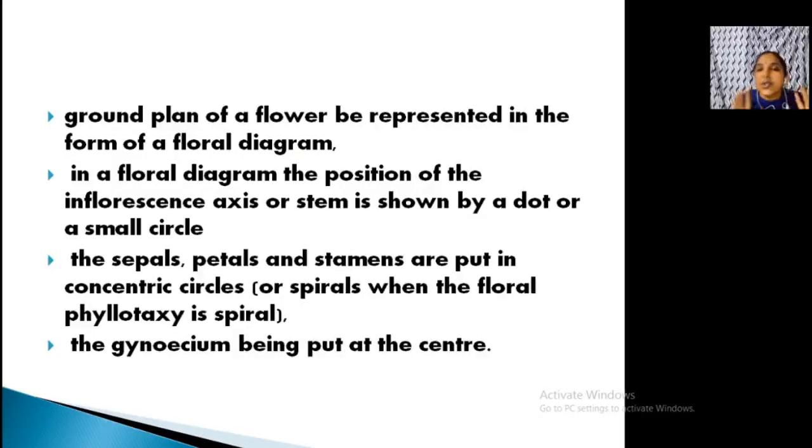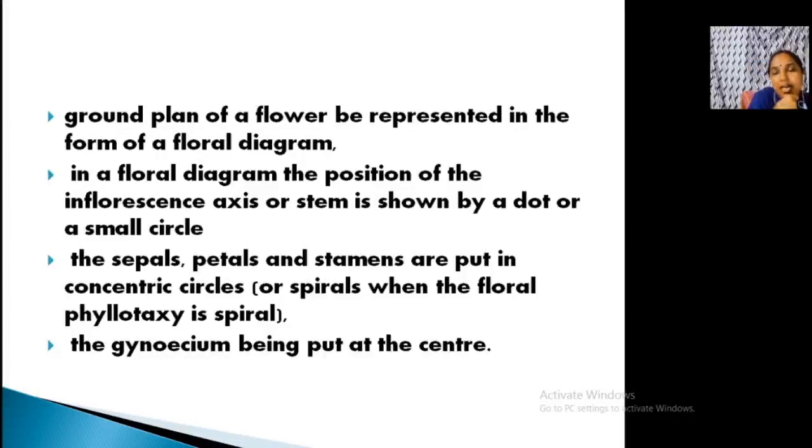The different parts of a flower can be represented by symbols and you can write them in a formula, that is floral formula. Now you can represent this in the form of a diagram also, that is known as floral diagram. In this floral diagram you can also draw the position of the inflorescence or flower axis or stem by a dot.